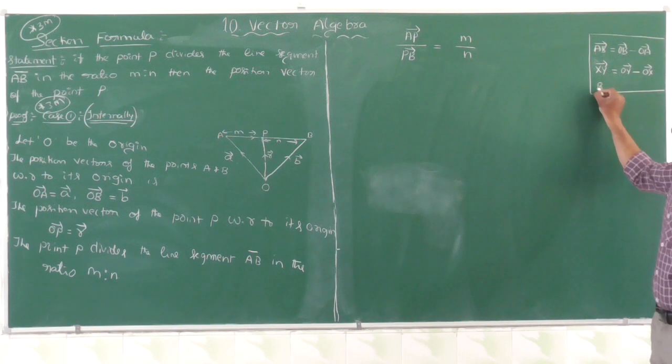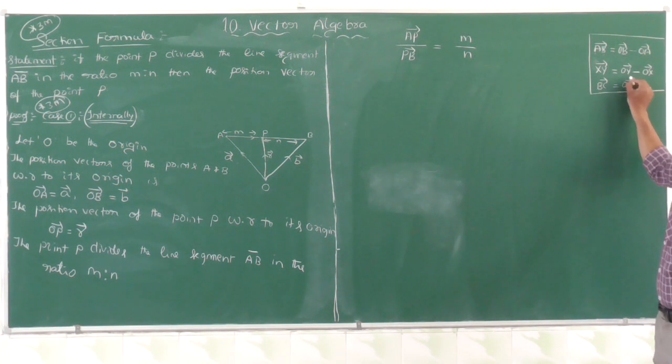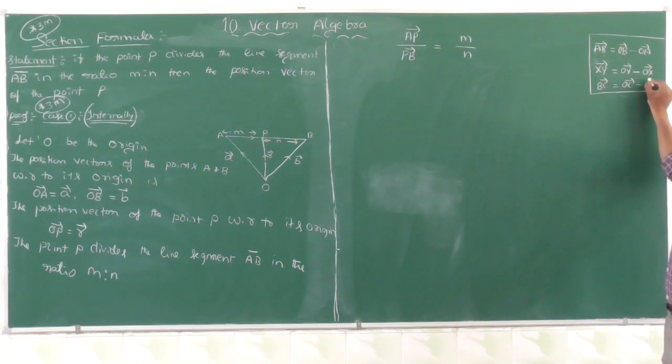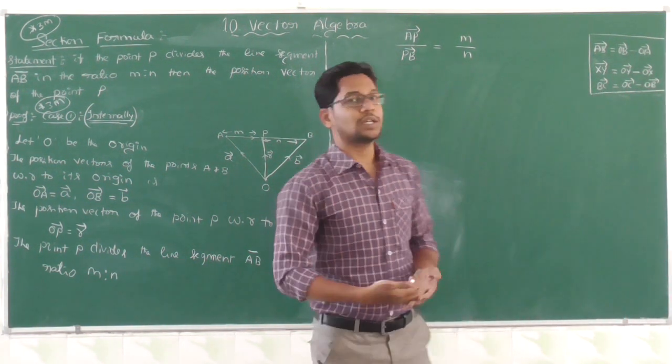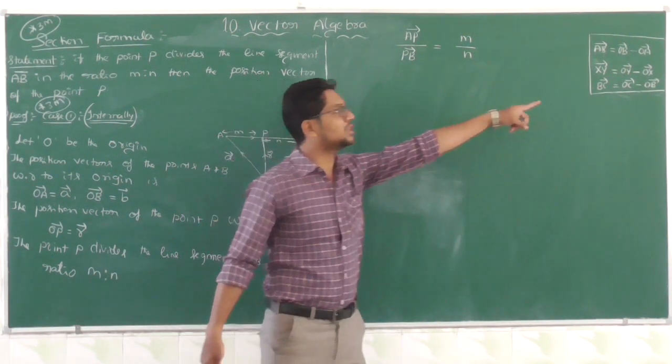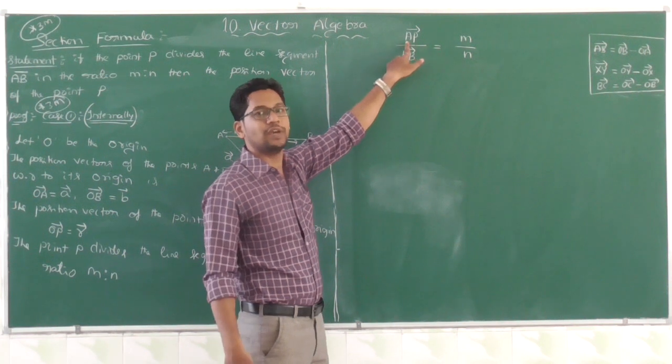Next, suppose if we have BC vector, how are you going to write BC vector? OC vector minus OB vector. Similarly, we will write some other vectors, CD vector, PQ vector, like that. By using this concept, how are you going to write AP vector?